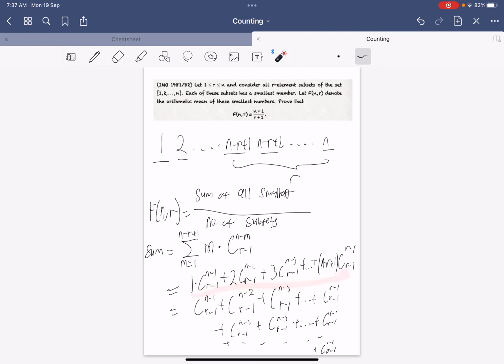But we can rearrange them cleverly as we put n minus 1 choose r minus 1, n minus 2 choose r minus 1, n minus 3 choose r minus 1, all in one row. And then, since there are two copies of this, we can write another row with this starting, and we can add them accordingly. And we can continue down the line to the last row, and this row is the n minus r plus 1 row, and it will just be this remaining element.